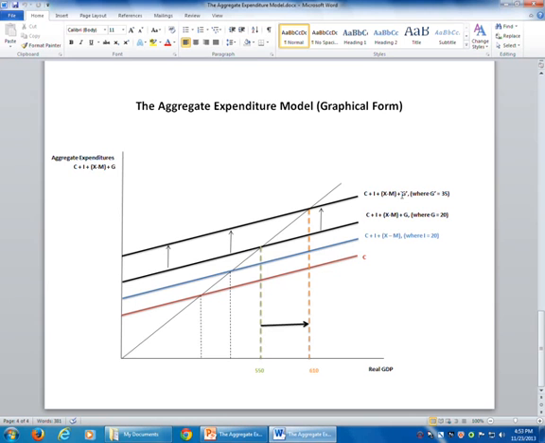I'm calling it now G prime, where G prime is now set at 35 billion as opposed to 20 billion. That makes the aggregate expenditure line thicker to where it coincides with real GDP at full employment. So our equilibrium has moved from initially in table 1, 550, to now in table 2, it's at 610.